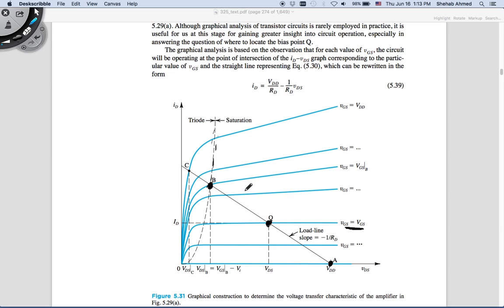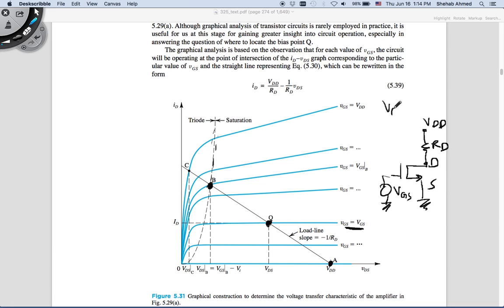This load line is calculated, we did the calculation analytically before, and graphically you can find this operating point by solving the initial equation that we had, which was what? If we look at our circuit, it looked like this. This is S, this is my drain, this is VDD, this was RD, and this was my gate to source voltage.